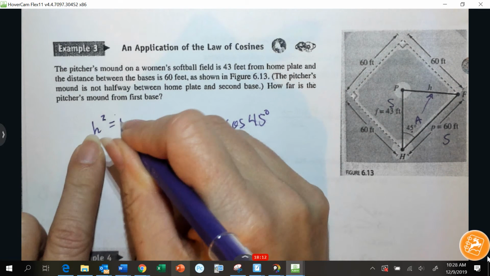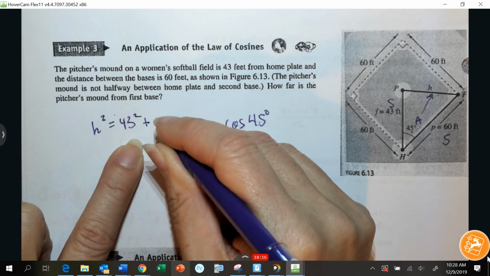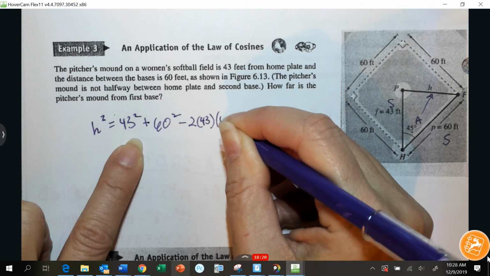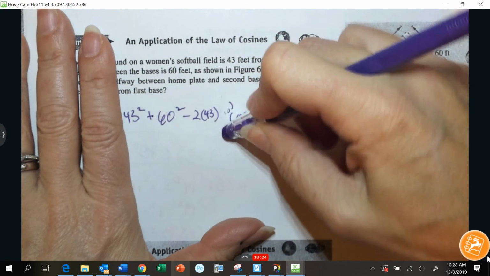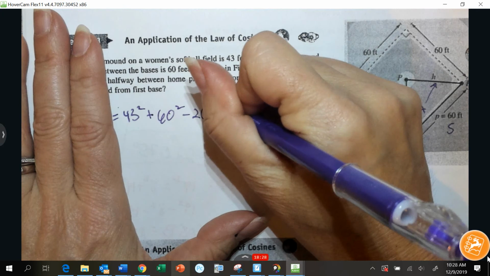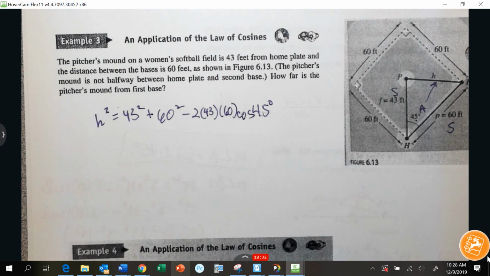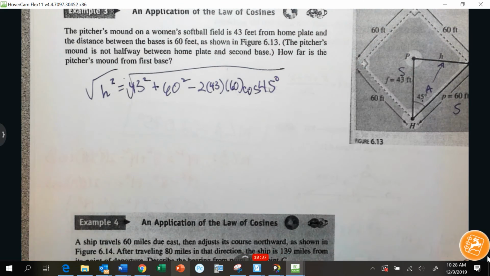And then we know the two sides, 43 squared plus 60 squared minus 2 times 43 times 60. Fix that so it doesn't look so ugly. We're solving for h, so it's already solved for h squared. Just need a square root and type it on the calculator.